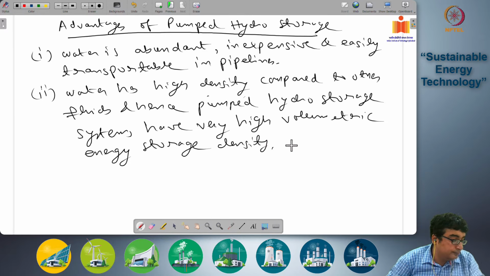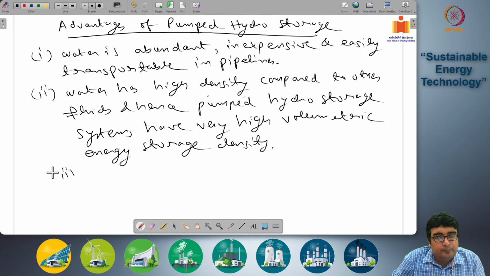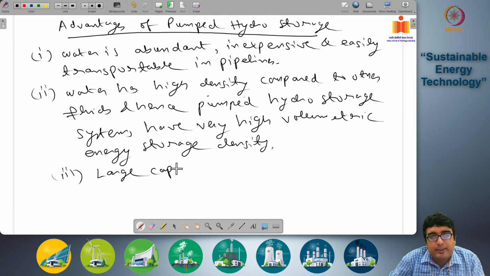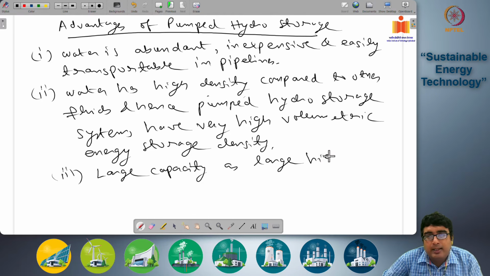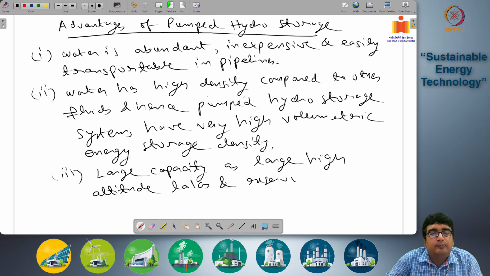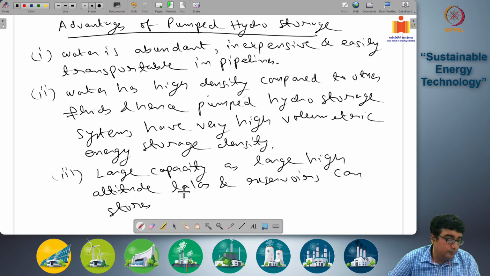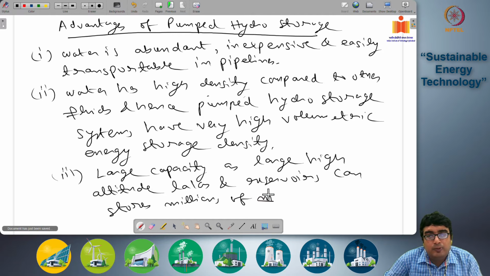Hence, large capacity, as large high altitude lakes and reservoirs can store millions of meter cube of water.